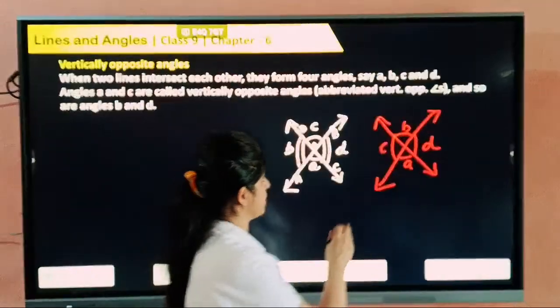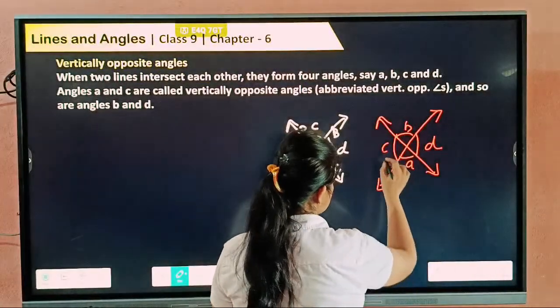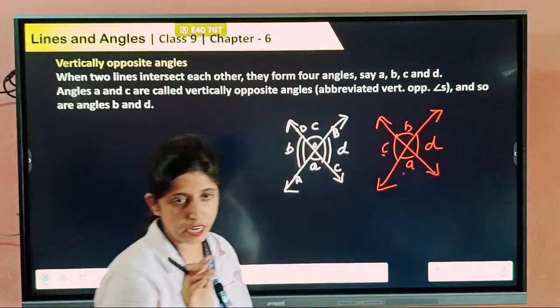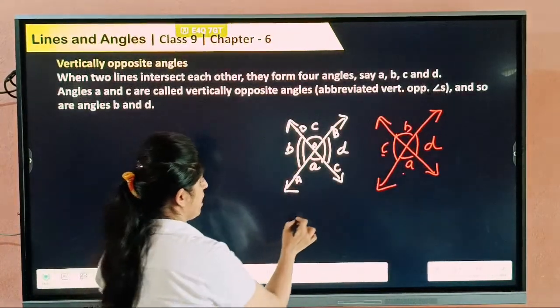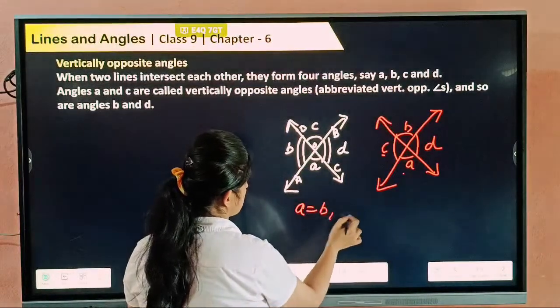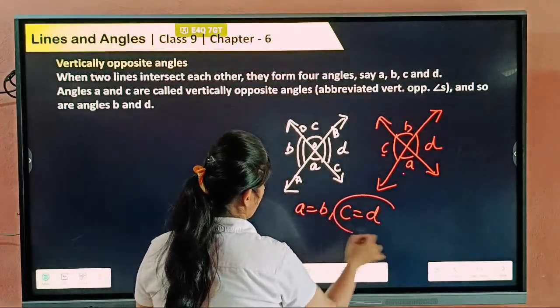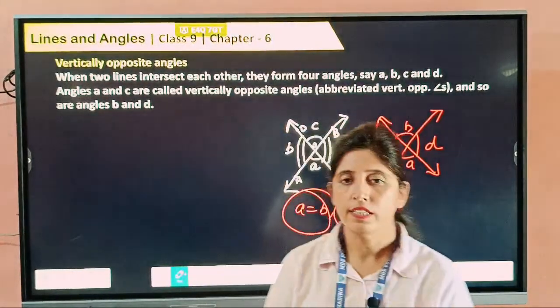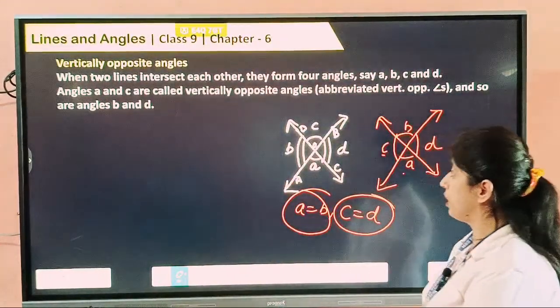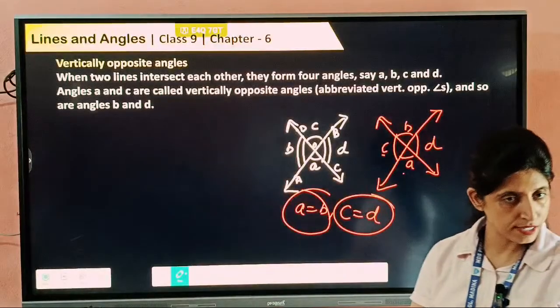Vertically opposite angles means A and B, C and D. These are vertically opposite angles, and vertically opposite angles are equal, right? A equals B and C equals D. So vertically opposite angles are equal. They only form when two lines intersect.